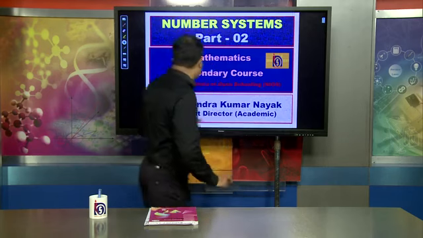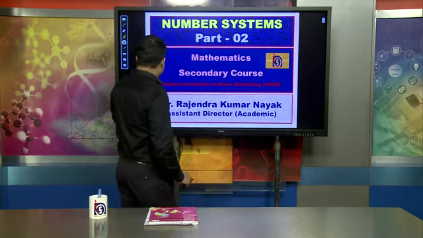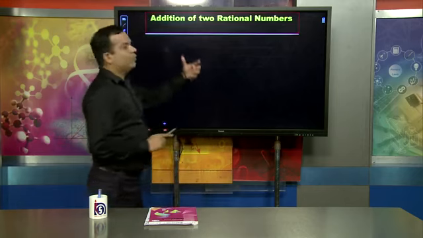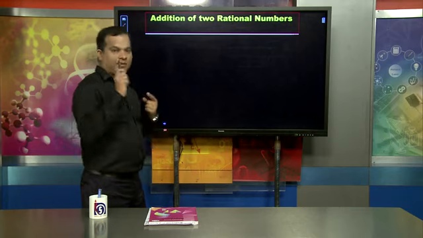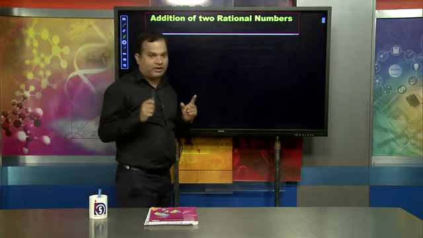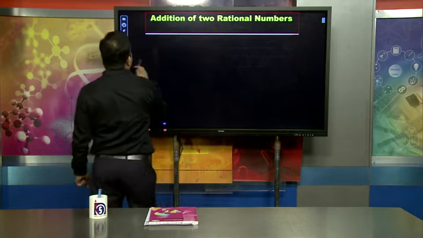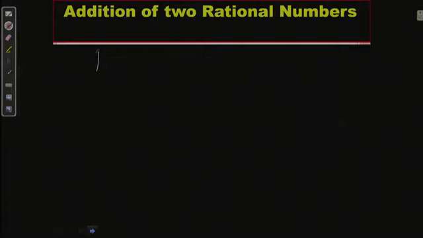The first is addition. First we discuss addition of rational numbers. Suppose p by q is one rational number and r by q is another.